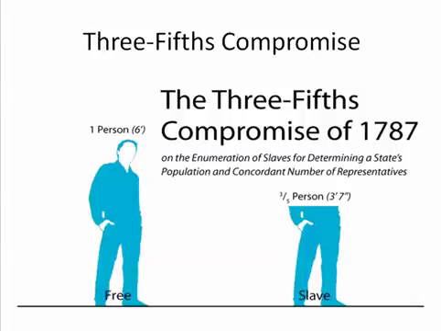There's eventually going to be this compromise called the 3/5 compromise. This is extremely important for you to know. The 3/5 compromise means that they agreed, and you can look at it two different ways. Some people criticize it, saying that a slave is not a whole person, only 3/5 of a person, so a slave would be counted into the population as 3/5, whereas a free person would be counted fully.